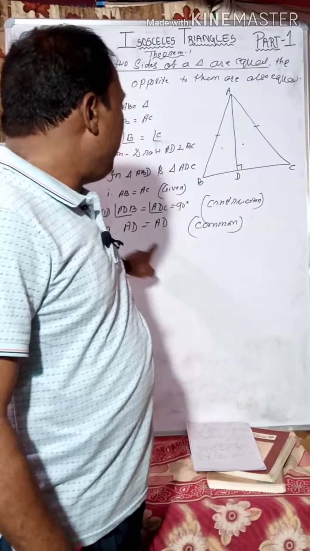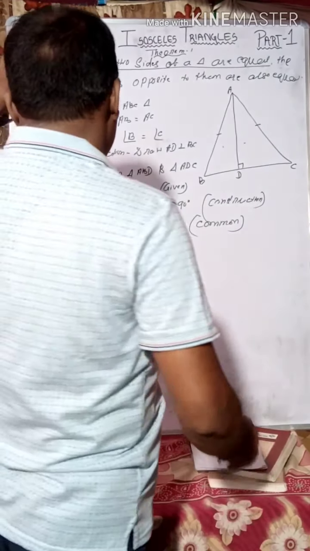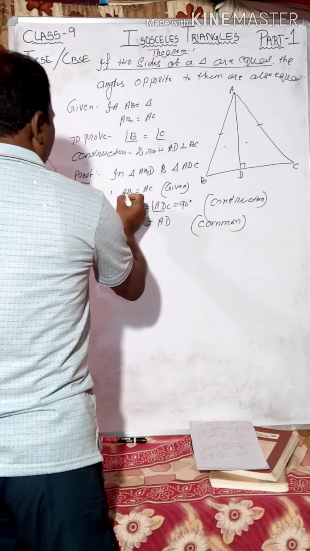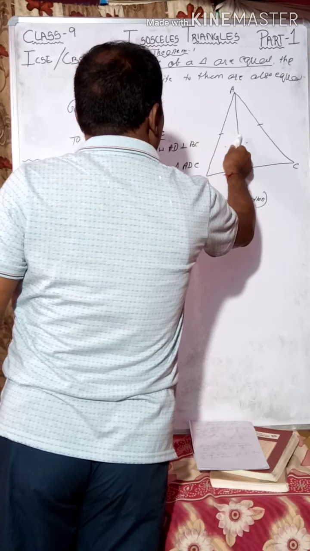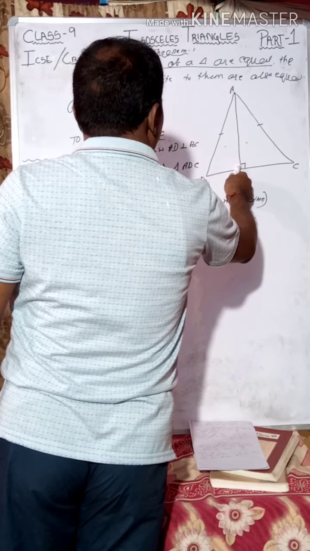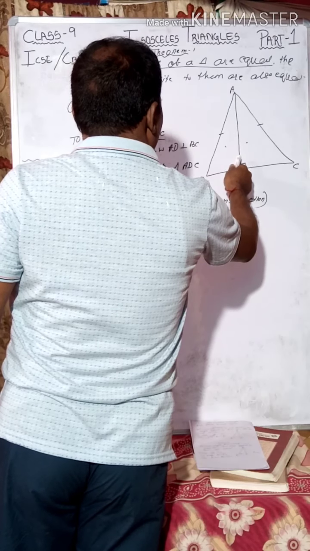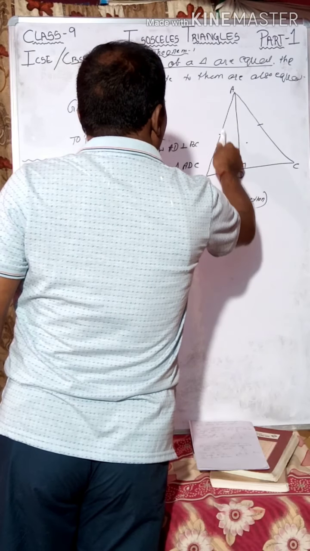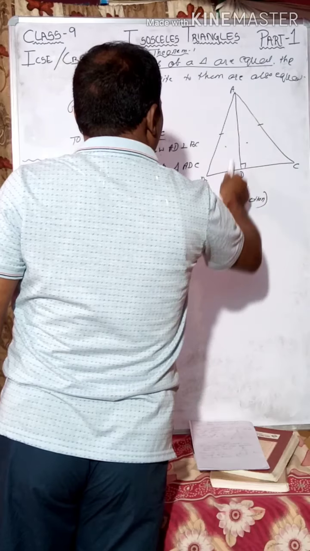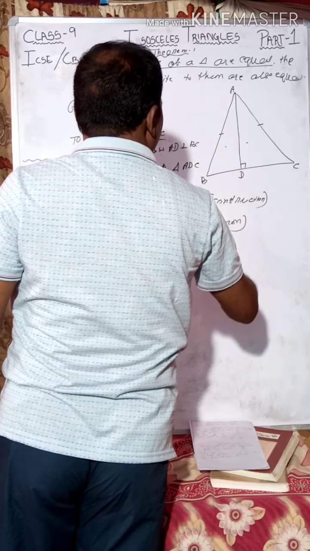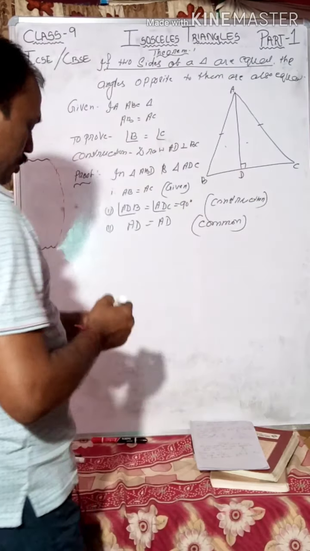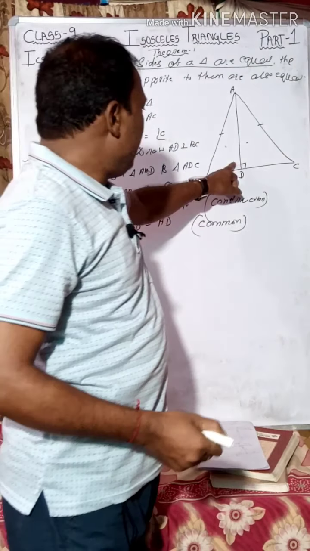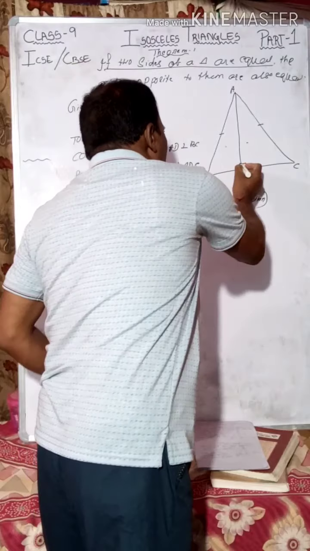That's why our step was right. So side, angle, side: AB is equal to AC, AD is equal to AD, and this angle is equal to this angle, 90 degrees. So look, here this is 90 degrees, this is also 90 degrees.